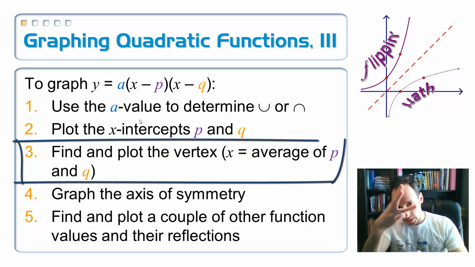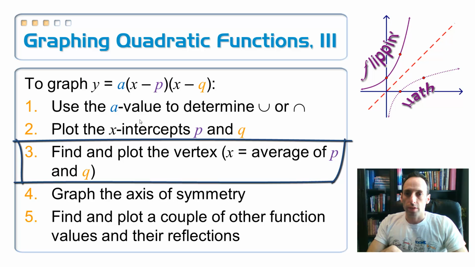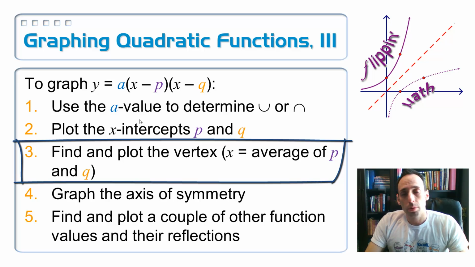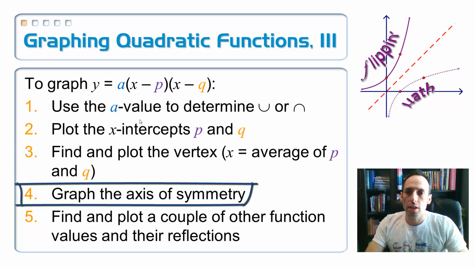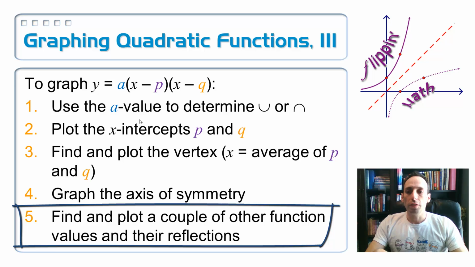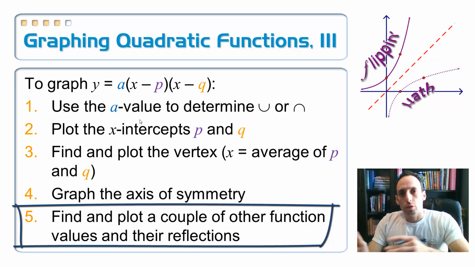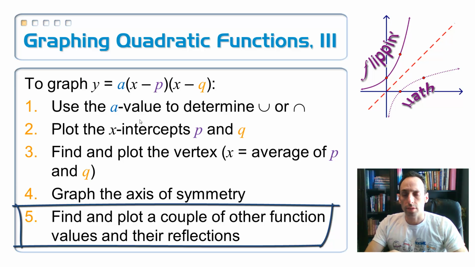Number 3, you're going to find the vertex. How do you find the vertex? Well, it's halfway in between your two x-intercepts. So average those out, and you'll get the x-coordinate, plug it back into the equation, and you can get your y-coordinate. Graph the axis of symmetry, so you already got the equation of it whenever you average the x-intercepts. And then finally, if you need to, number 5, just plot a couple of extra points and their reflection across the axis of symmetry. So let's try one of these.